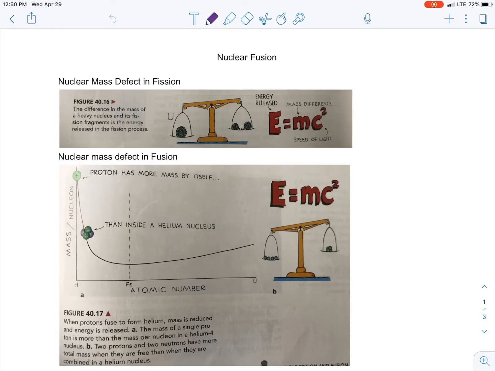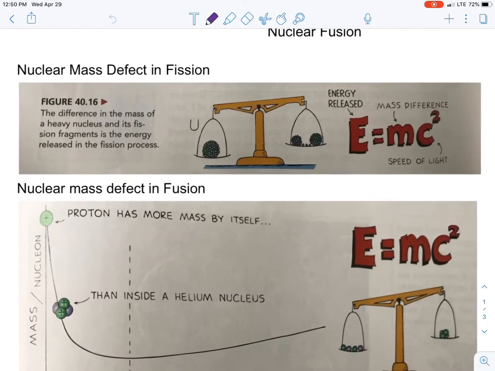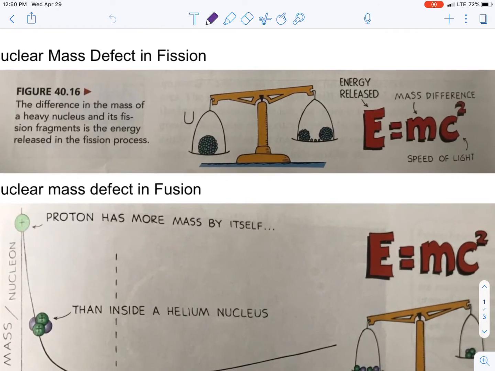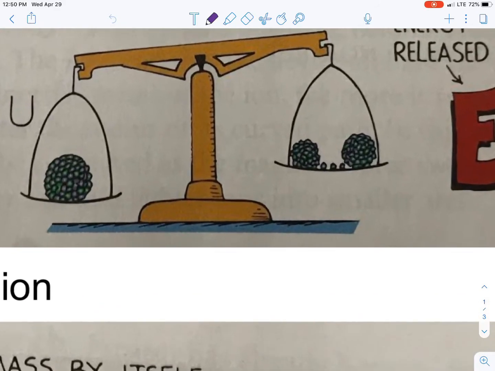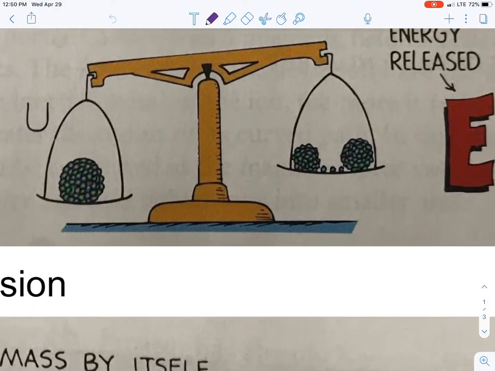Nuclear fusion. We're going to go back and start with a quick talk about what fission was. Fission was the splitting of the atom, and the reason it released energy was because after it split apart, the parts that it split into had less mass than the original.